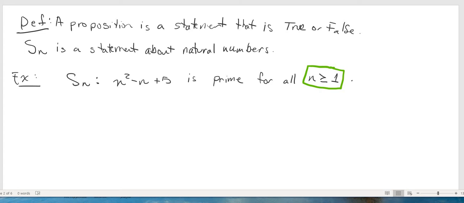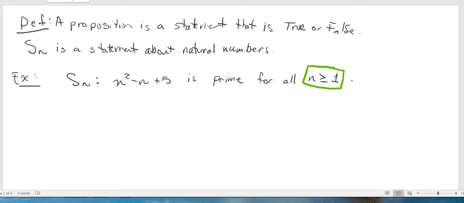If you notice, we're not going to be testing negative numbers, so starting with positive 1 and so forth. If I start plugging in these numbers, I'm supposed to be getting prime numbers. So is this always going to be true? We have to test if this statement is true or false.